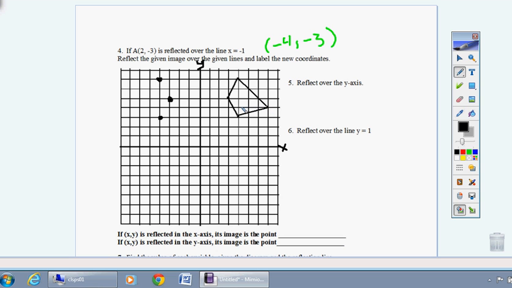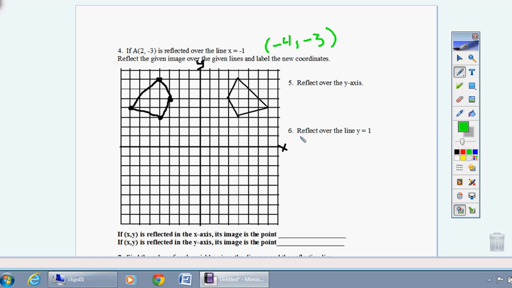I go 1, 2, 3, 4, 5, 6, 7, and then 1, 2, 3, 4, 5, 6, 7. So if I wanted to reflect this whole image over the y-axis, I'm now going to connect my vertices as best as I can. And that would be my reflected image.